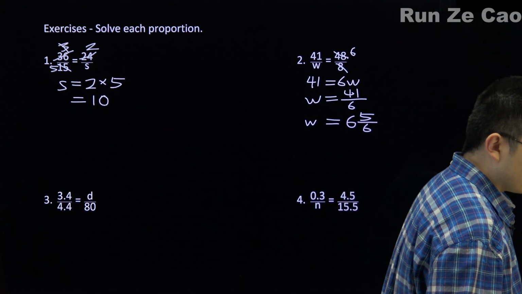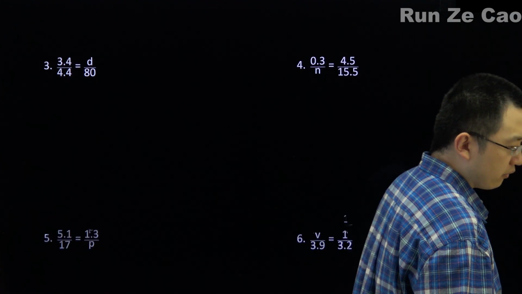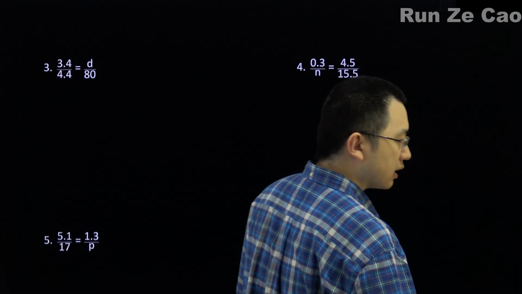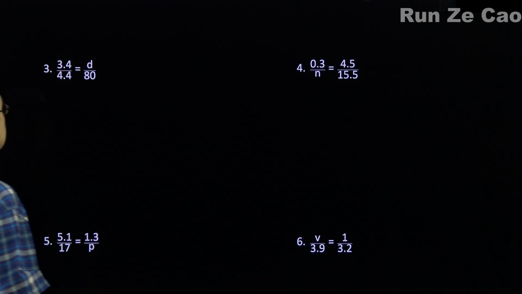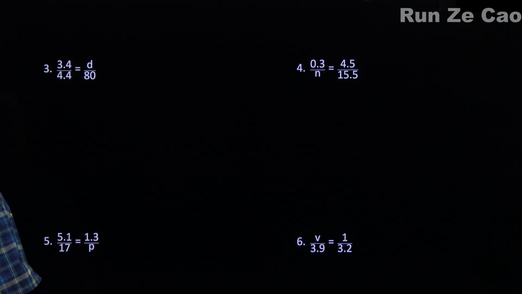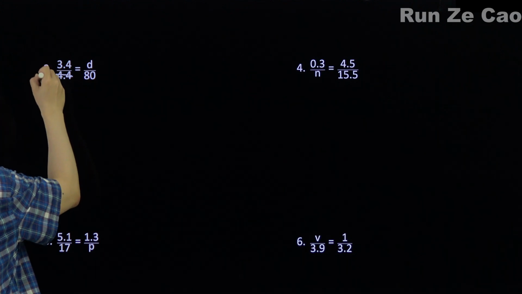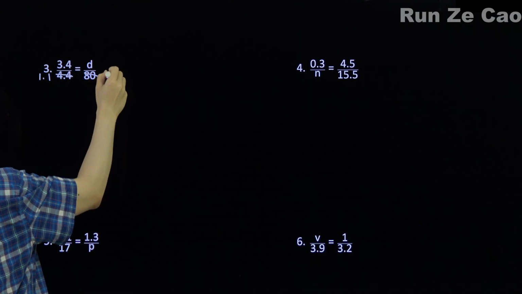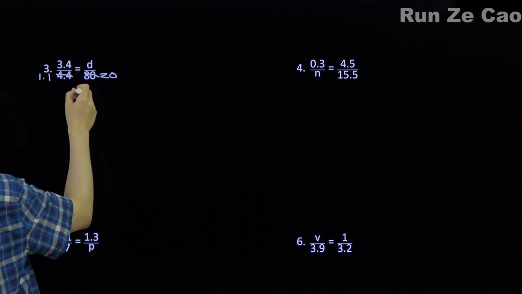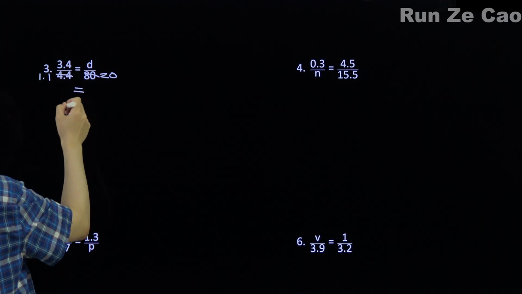Okay then, how about 3.4 over 4.4 equals D over 80? I mean, you could cancel this down to a 1.1, and then the 80 could become a 20. Sure. Does this actually do anything useful?